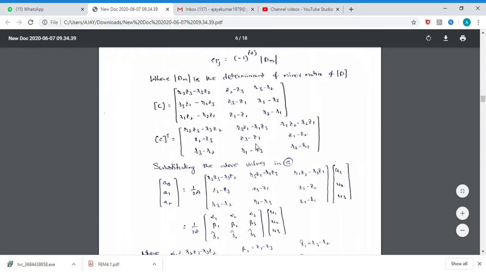Now substitute this particular relation in the previous equation. A naught, A1, A2 is equal to D inverse, that is 1 by 2A, into this particular matrix into U1, U2, U3.